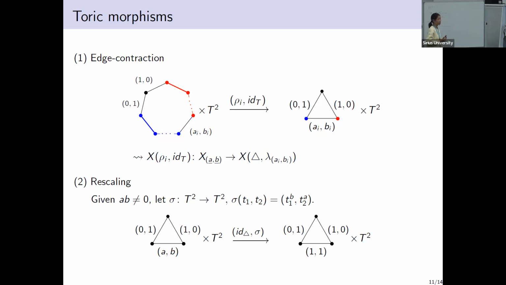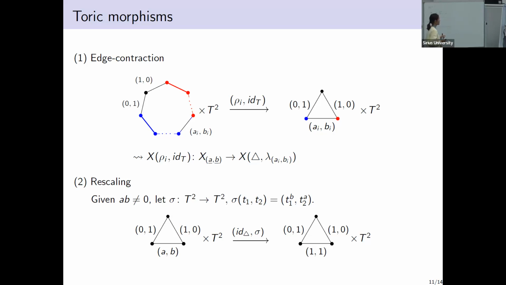So this is a continuous map, and I take the product of this edge contraction map and the identity map on the torus. This is compatible with the quotient relation. So in this case, this continuous map can induce a map on the corresponding toric orbifold.